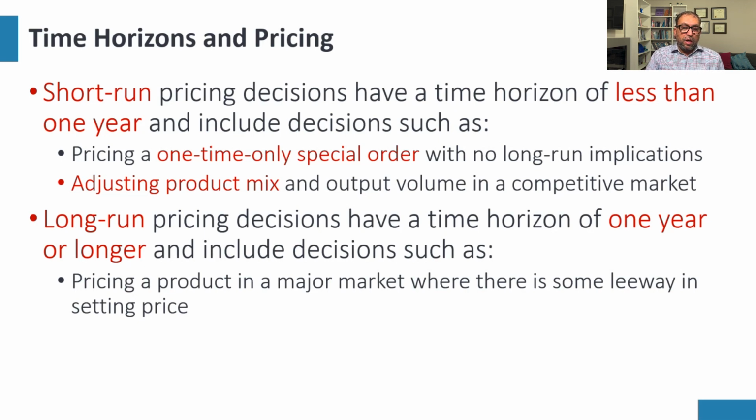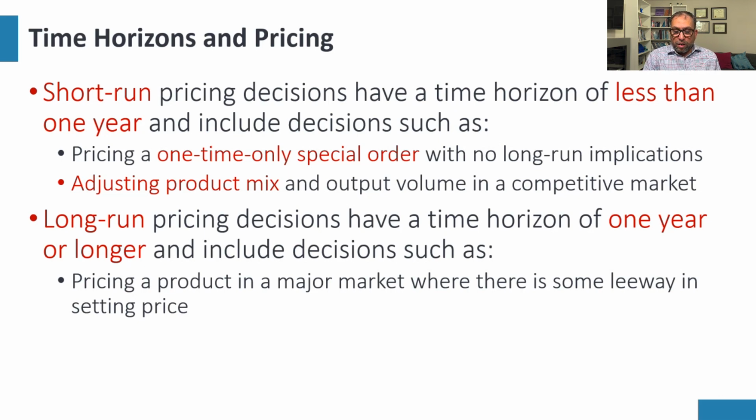But in the long run, pricing decisions have a time horizon of 1 year or longer, and include decisions such as pricing a product in a major market where there is some leeway in price setting. Price setting is only possible in a monopolistic competitive market or an imperfect competitive market, because in a competitive market, the price is determined by the market, not by the producer or the seller.